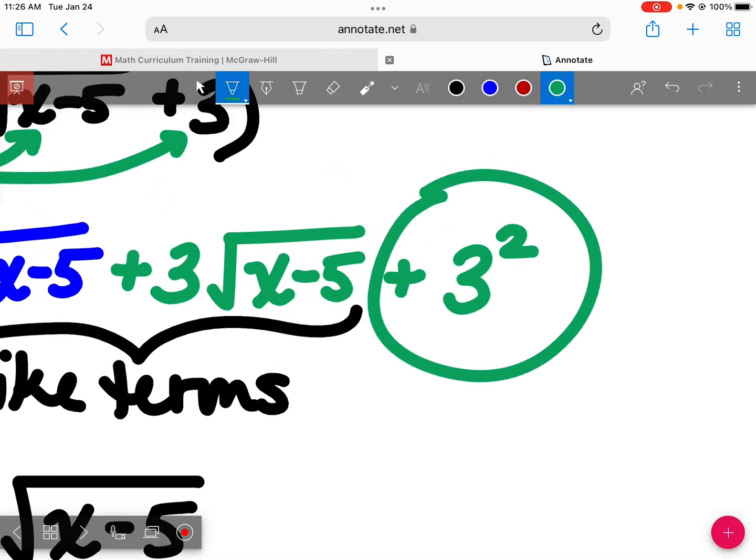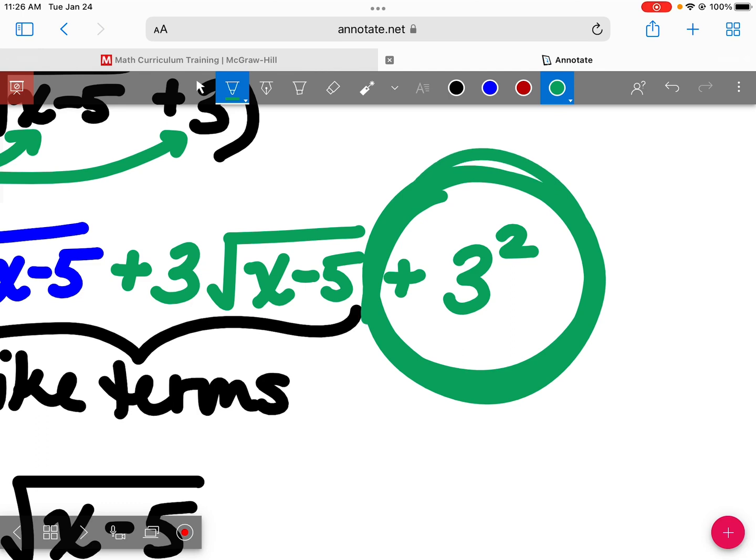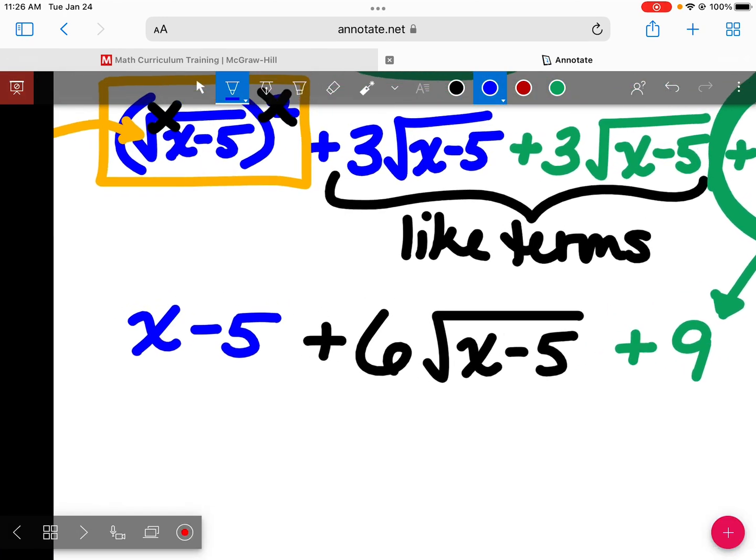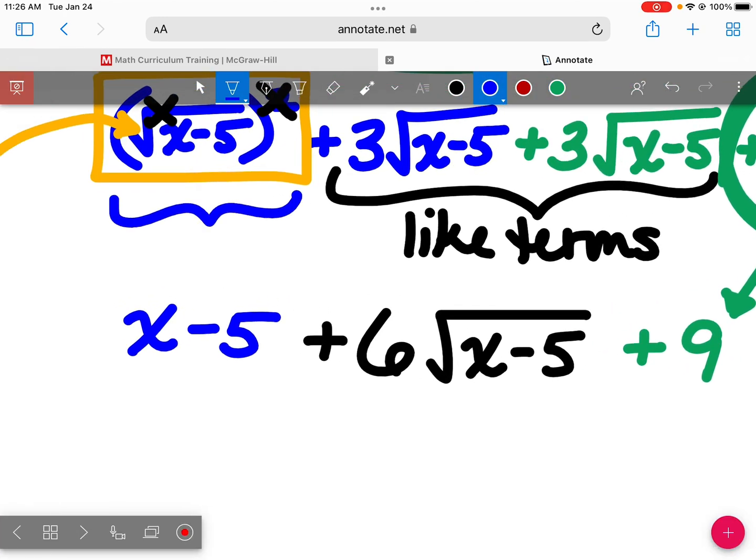How does this back here simplify? That is 9. So I got 9 from this. I put my like terms together. This right here gave me x minus 5. Have I combined all the like terms together at this point? What else could I still combine together?